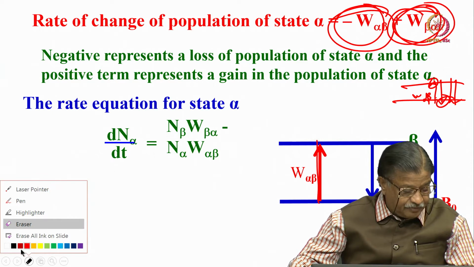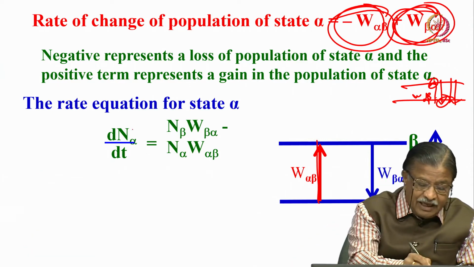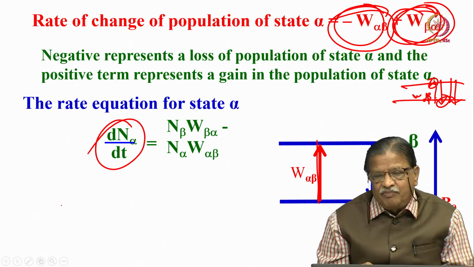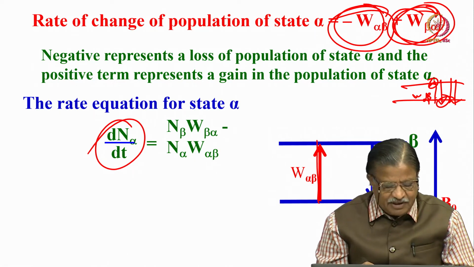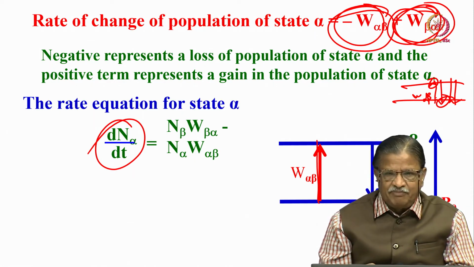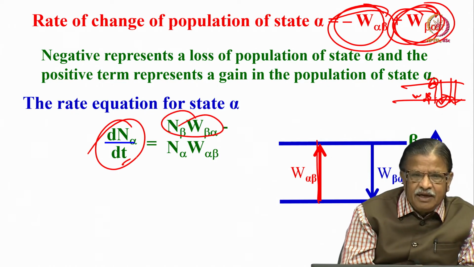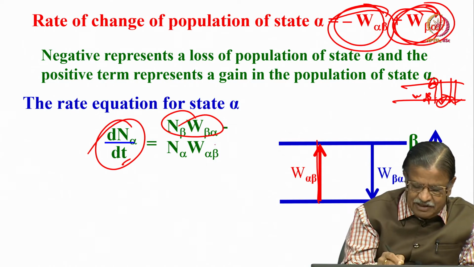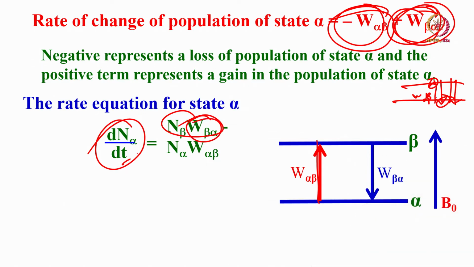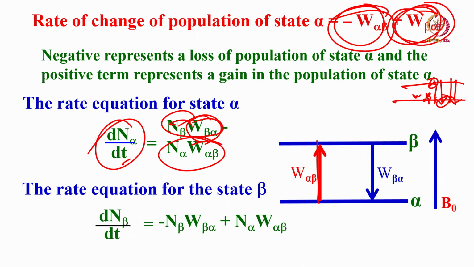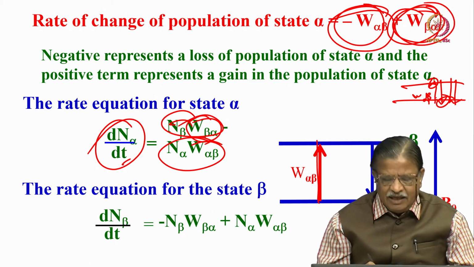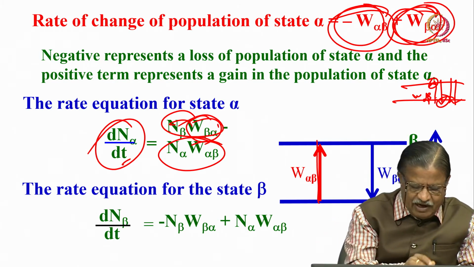Then the change of number of spins in the alpha state can be given by the simple equation: dn alpha by dt is equal to n beta, the number of spins in the beta state, times the probability of beta to alpha, minus n alpha multiplied by W alpha beta. This is the rate equation for the alpha state.